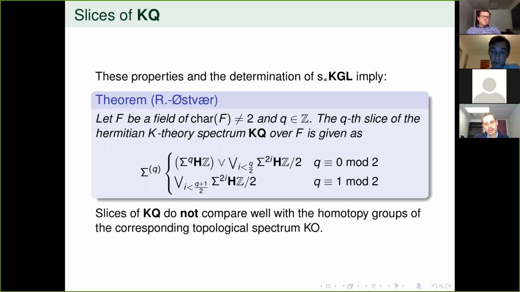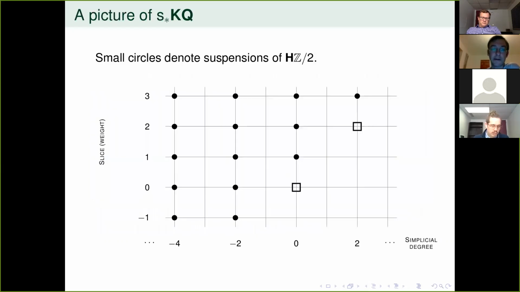So these are infinite, and in particular, this does not compare well with the homotopy groups of the topological real K-theory spectrum. Yeah, here's the picture. You have these integral guys, and then you have these extending to the left-hand side sums of mod 2 Eilenberg-MacLane spectra.